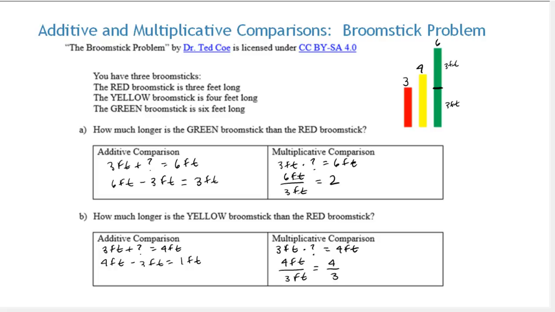Now let's use this cutting and copying idea to see this in the picture. So notice right up to here would be 3 feet. So that's going to be 1 copy of the red broomstick and the yellow broomstick. And then we know that this is 1 foot. So this is 1 foot, this is 3 feet.